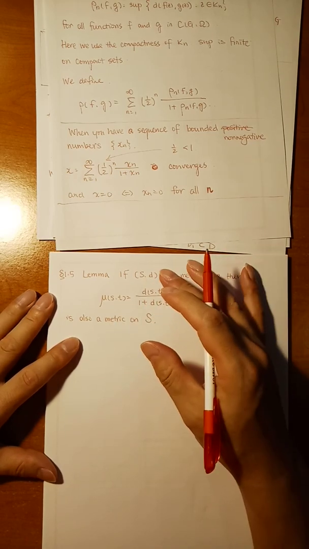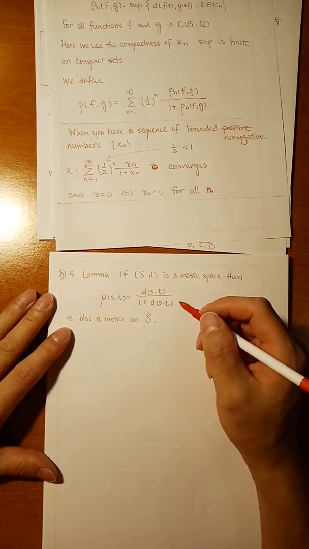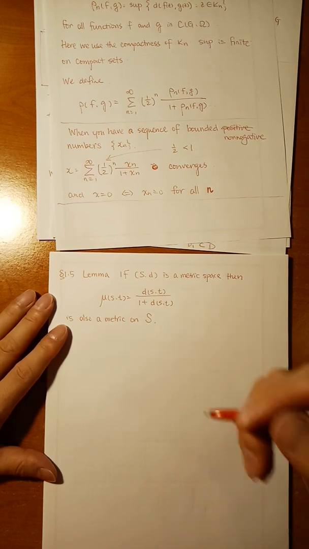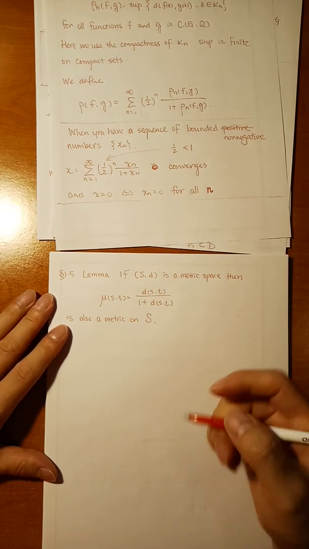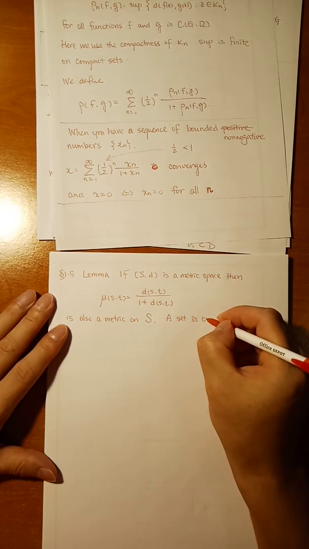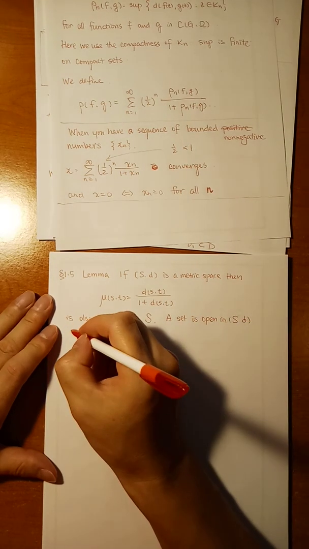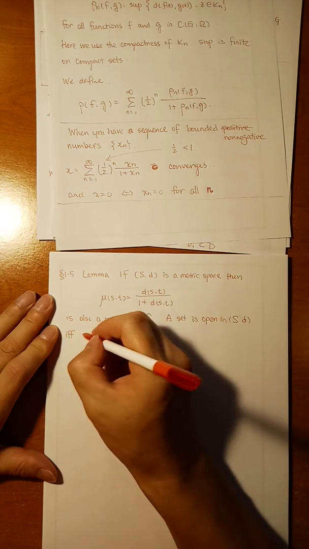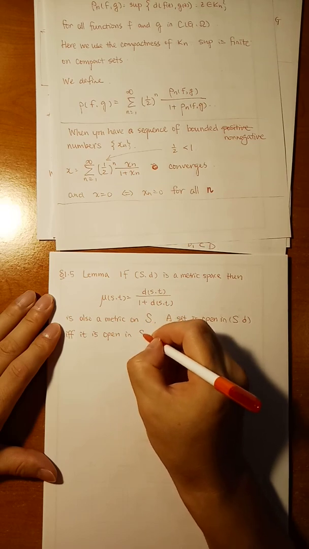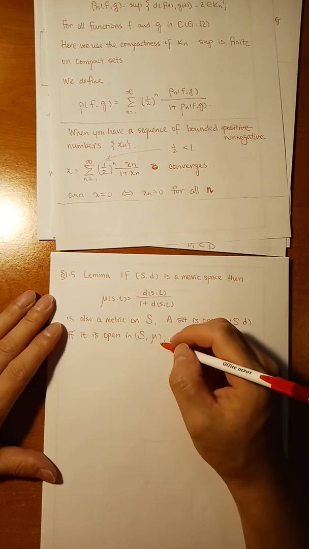Okay, so you define two metrics on the same set, and we want to show that those two metrics are equivalent. What do we mean? Two metrics are equivalent if they give the same open sets. A set is open in (S, d) if and only if it is open in (S, mu). The openness is equivalent.